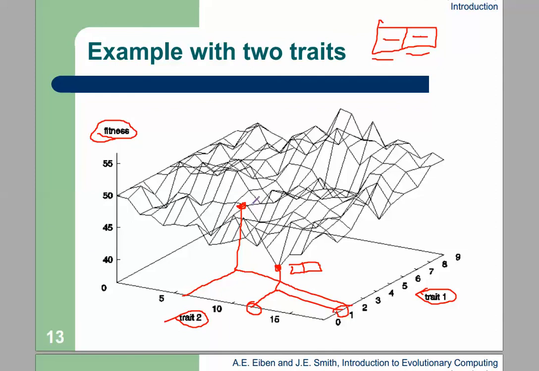than an individual produced by the combination of this gene and this gene, because the fitness value of this individual is higher than the fitness value of this individual.